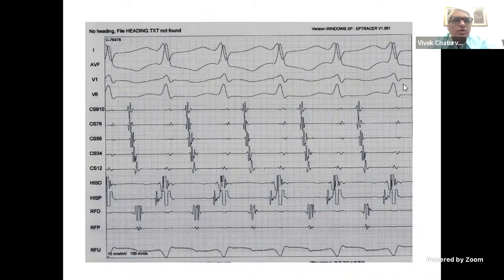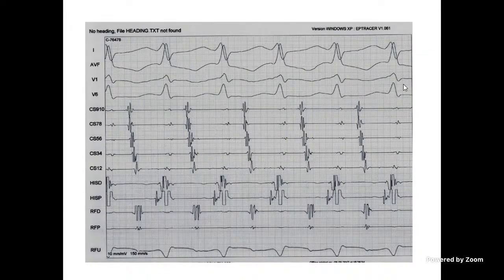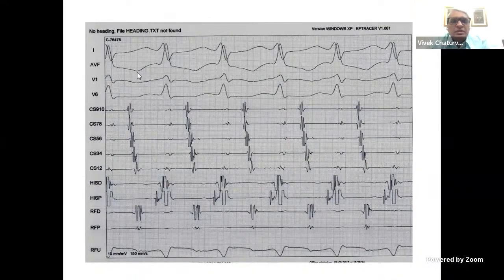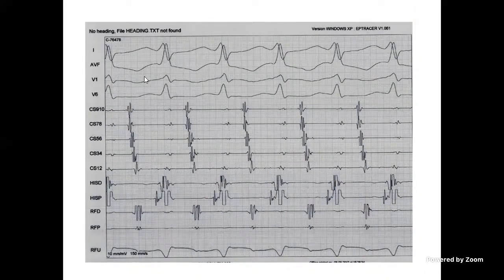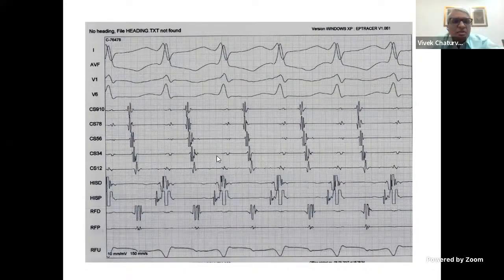Okay, then why don't you look at lead AVF? In AVF, how does the P wave look? It's negative, sir. Negative. So in sinus rhythm, AVF cannot be negative, and hence this cannot be superior to inferior activation of the right atrium, and hence it is not sinus tachycardia.